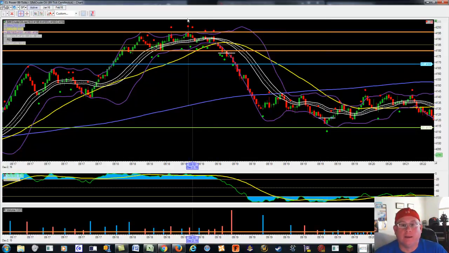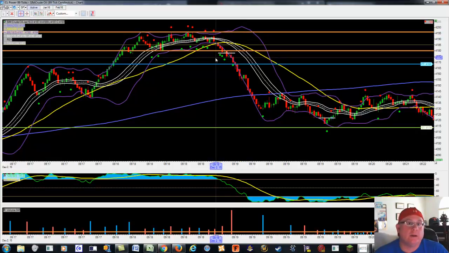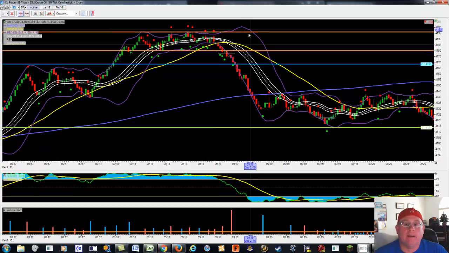And obviously if it would have gone against me here, then I would have taken a 22 tick hit, or no more than 20 by 2. So my risk at this point would have been no higher than 20 ticks, or $400.